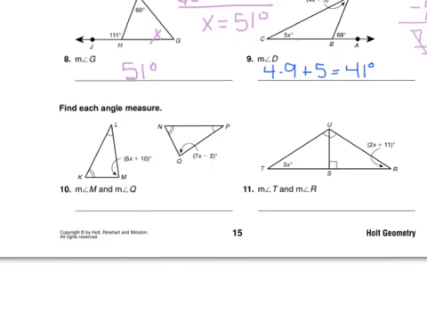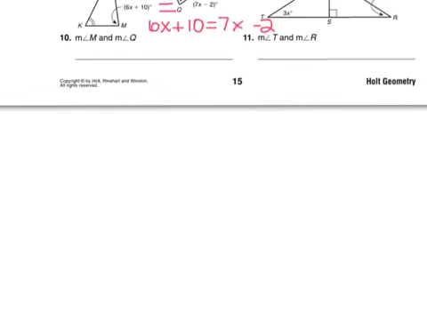So I'm going to write an equation, but I'm not going to add them equal to 180 or anything like that. I'm going to say that they have to be equal to each other. So my equation is going to say 6x plus 10 equals 7x minus 2. I know that those two angles have to equal each other. Actually, I'm going to move this down here and restart it so you can see.